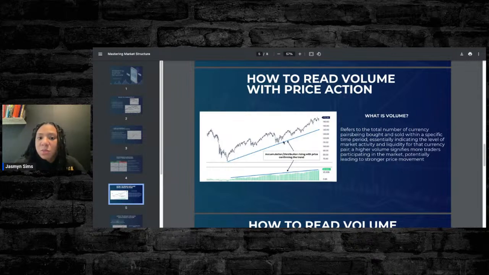So as price is rising, you can also see down here, I'm not sure which indicator that is, to be honest, or it could be an RSI in a different format. But as price is ascending, you can also see down here with the green lines at the bottom, that indicates volume, and that's also increasing.